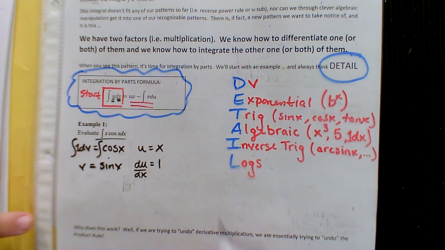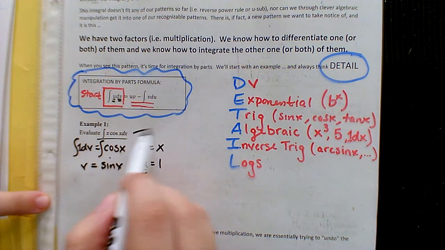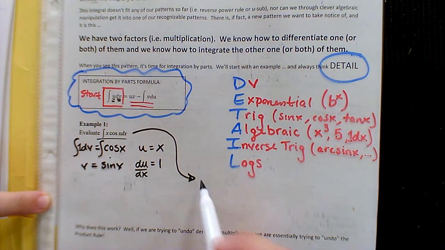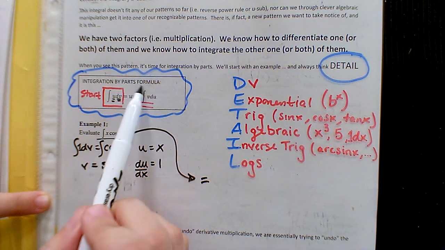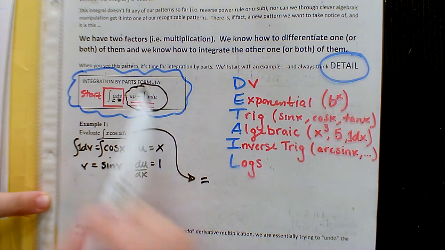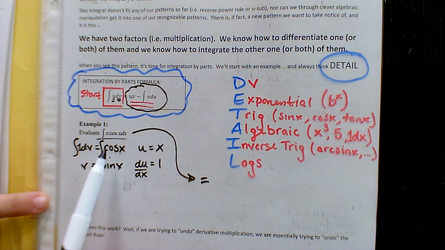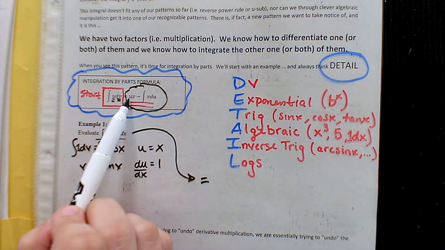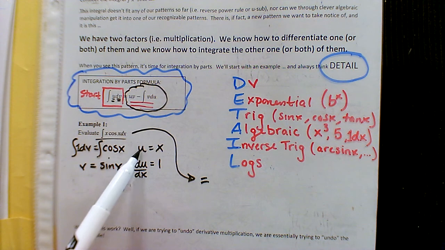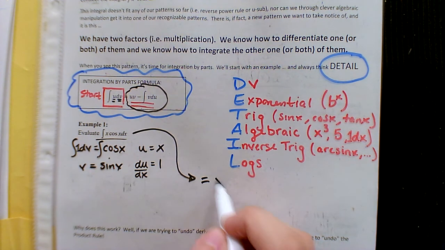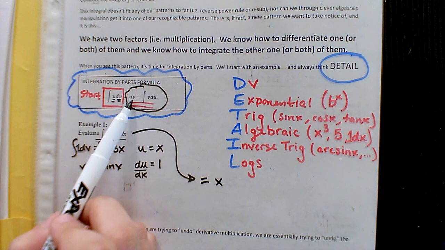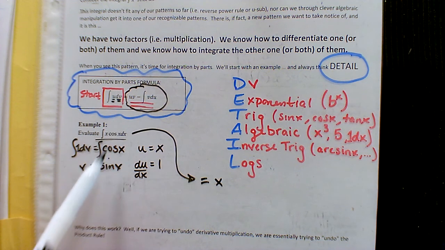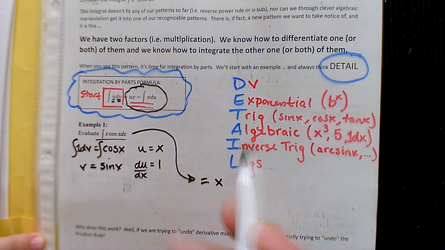So we're going to say this integral is the same as, and we fill in the other side of the equal sign with the antiderivative and the derivative that we found. We need to figure out what u is. We'd label that as x. We need to multiply that by v. Notice how we found that to be sine when we worked backwards from dv.